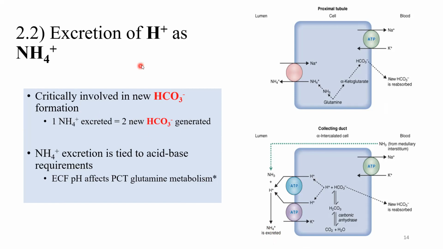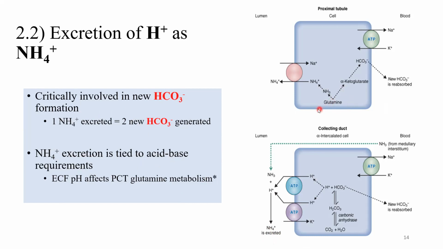Now, one obvious benefit of using this buffer system is that it produces more new bicarbonate ions. So that's one thing. Number two, this whole system basically is tied to acid-base requirements. How is it tied to acid-base requirements? Well, when you have acidosis, guess what happens?